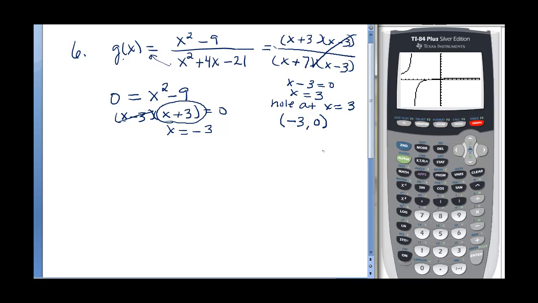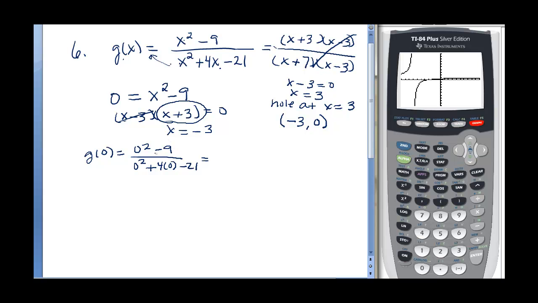Now, to determine the y-intercept, I looked at that before and said, okay, remember I just put zeros in for x. If I put zeros in for x, I'll have 0 squared minus 9 over 0 squared plus 4 times 0 minus 21.